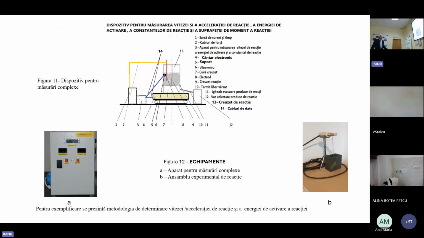Schema sau dispozitivul complex pe care l-am văzut are o schemă bloc care se vede în această figură și are niște componente, cum vedeți, vreo 14.